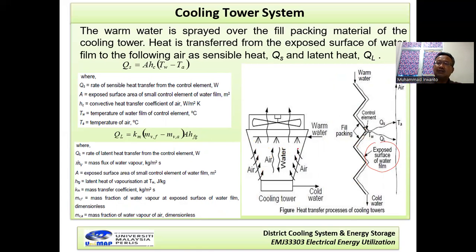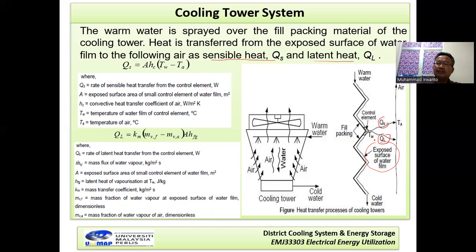So the warm water is sprayed and drops here, beside here in the fill packing. If we look at one small part here, in this control element there will occur what we call sensible heat, QS, and also latent heat, QL.